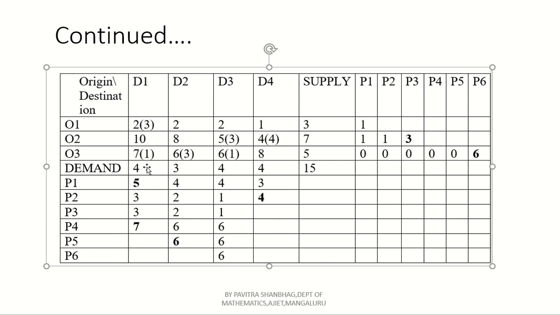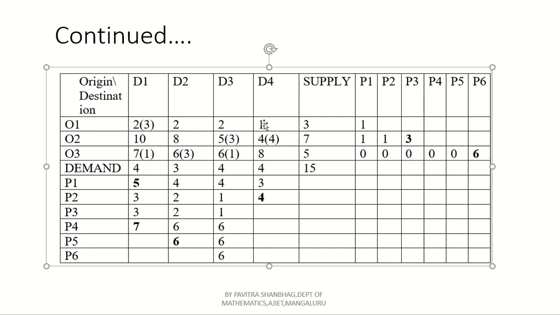Now again compute the penalty. 10 minus 7 is 3, 8 minus 6 is 2, 6 minus 5 is 1, 8 minus 4 is 4. Similarly compute the row penalty: 4 and 5 give 1, and 6 and 6 give 0. Which is the largest penalty? P2, here 4 is the largest penalty.